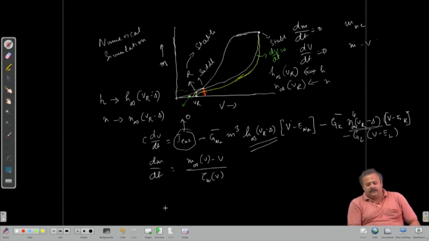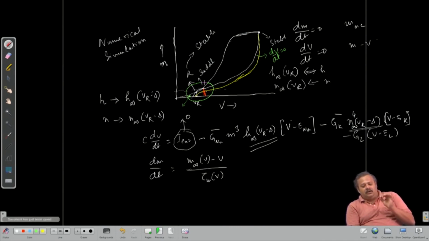So now there are no equilibrium points in this region. The two equilibrium points, the initial stable node which was the resting membrane potential, and the saddle node which provided the threshold because of the stable manifold, are gone.